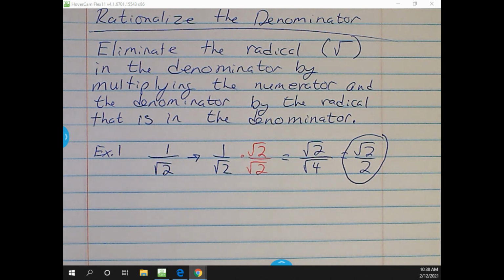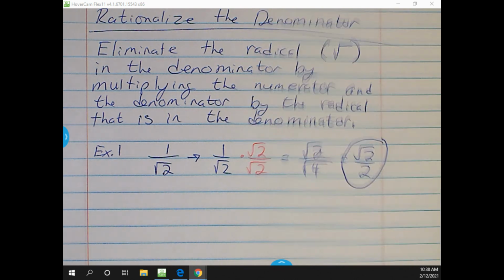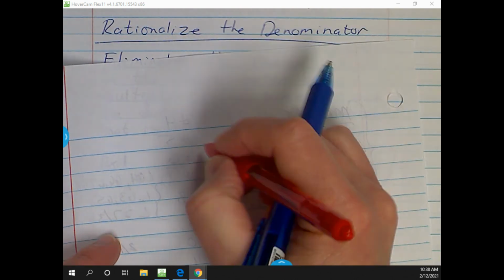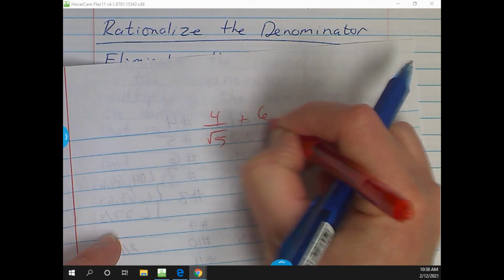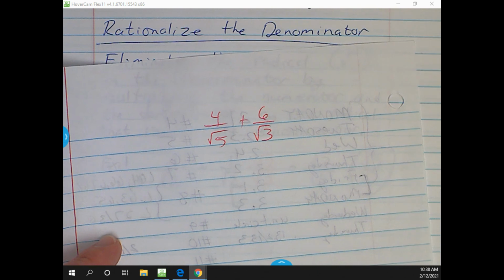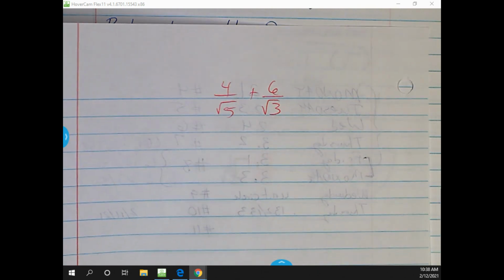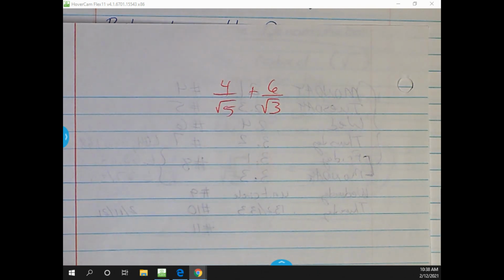And again, the biggest thing is that down the road, if you start adding and subtracting radicals together, like 4 over the square root of 5 plus 6 over the square root of 3, most people look at that and say, I don't have a clue how to do that.